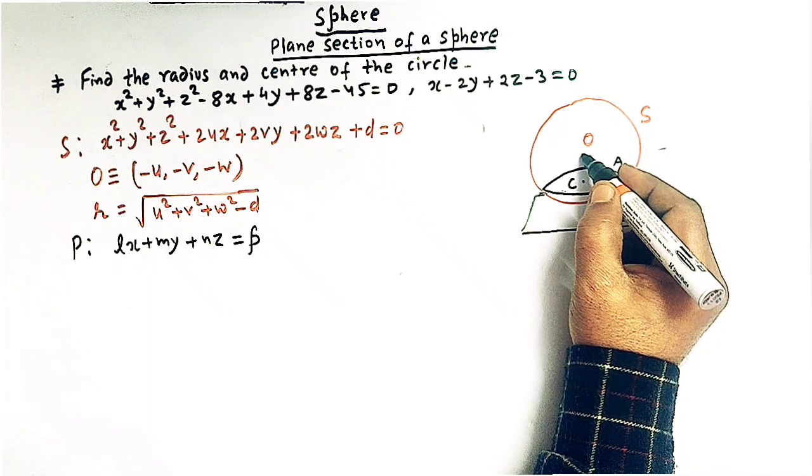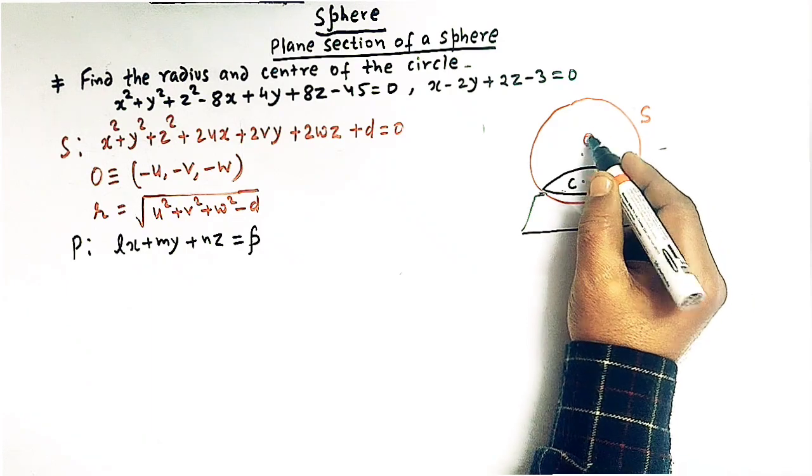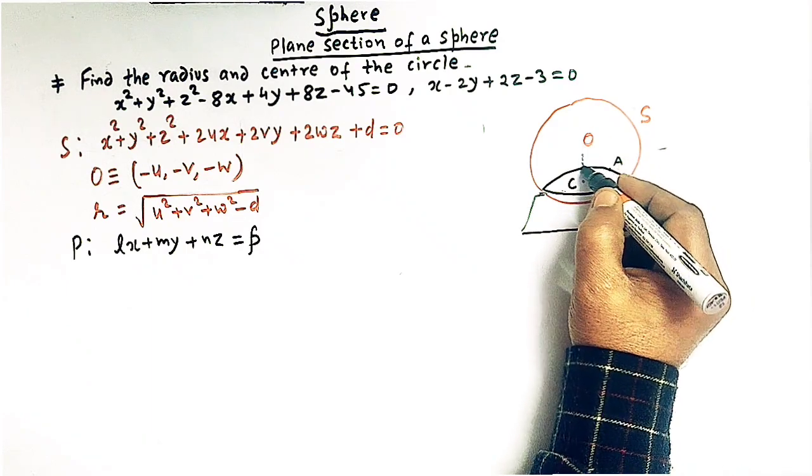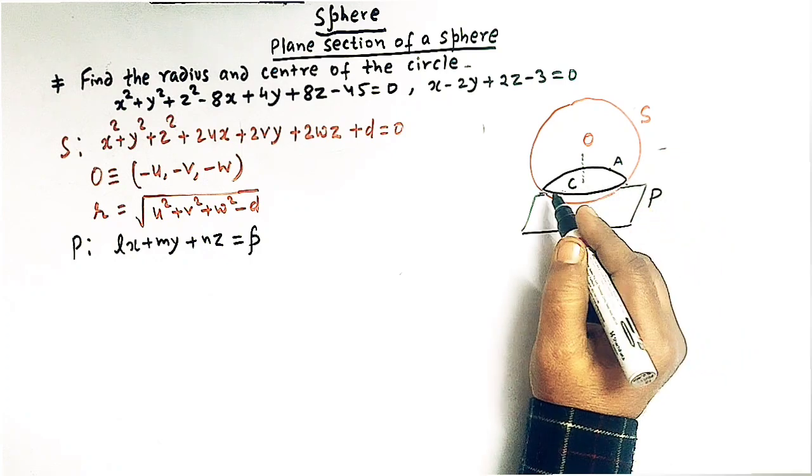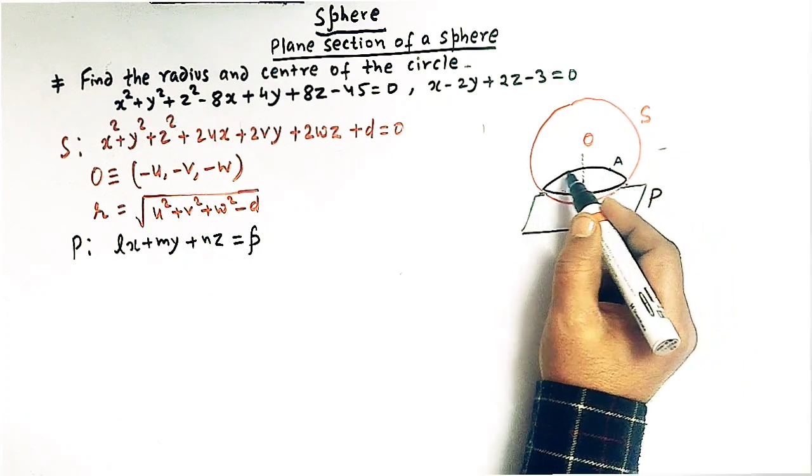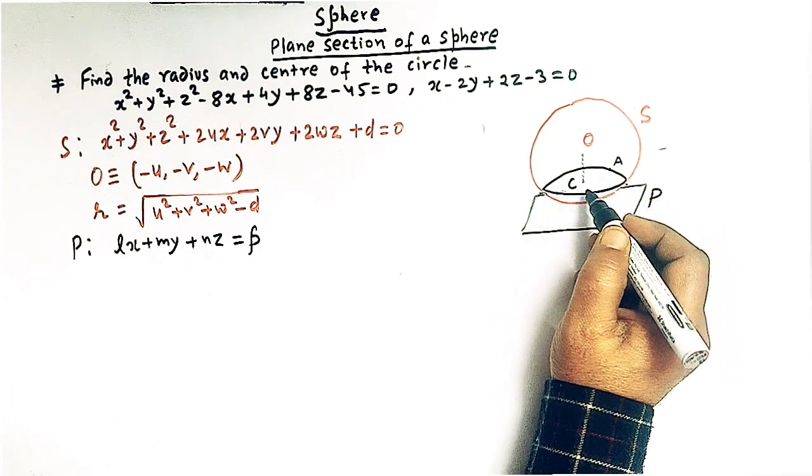If we join the point O and the point C, then OC is perpendicular to the plane of the circle.